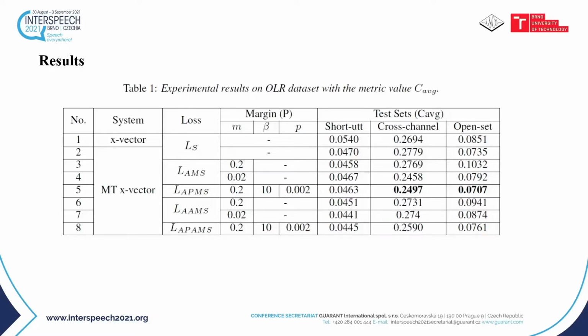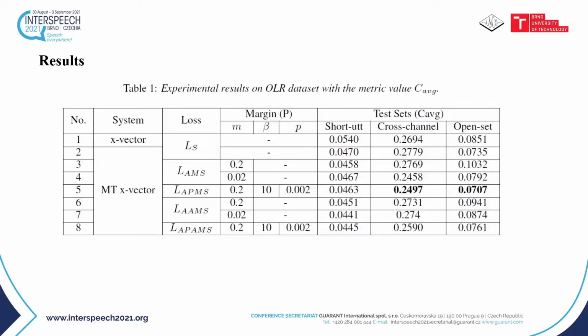The language phoneme multitask learning network is shown in system number 2. Compared with baseline system number 1, phonetic information significantly improves the language recognition performance in the short utterance task and open-set task. In systems number 3 and number 6, larger margins improve the performance in the short utterance task and cross-channel task, while decreasing that in the open-set task.